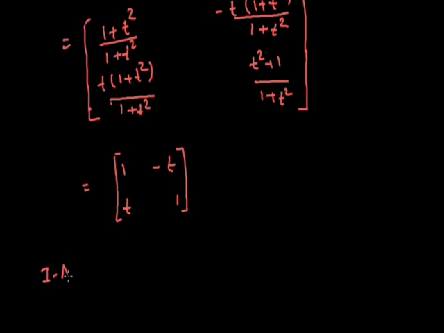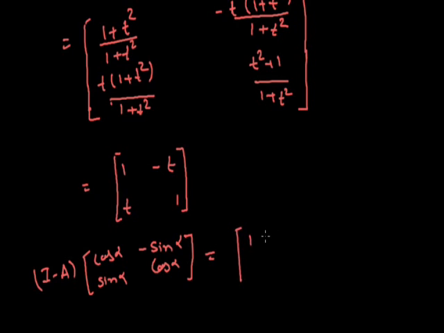So the matrix cos alpha minus sin alpha, sin alpha cos alpha is equal to 1 minus tan alpha by 2, tan alpha by 2, 1. So it is I plus A.